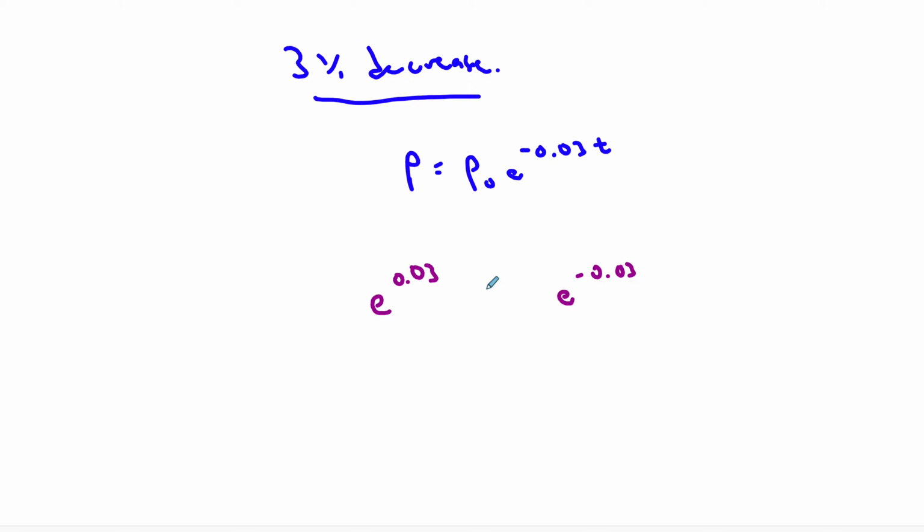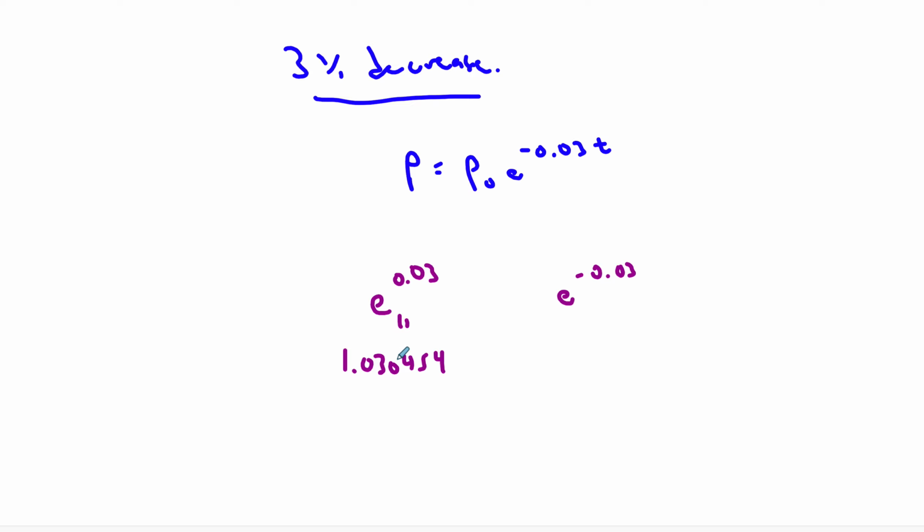So if you look on your calculator, or if you go to Desmos and you just type in e, and then you can raise that to a power. e to the 0.03 is equal to 1.030454, and I'm going to go to this many decimal places.